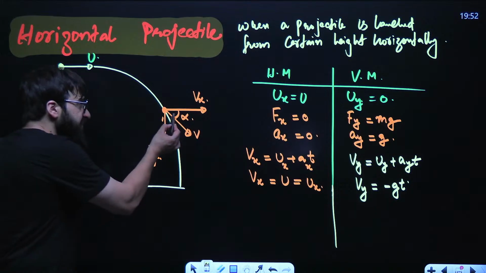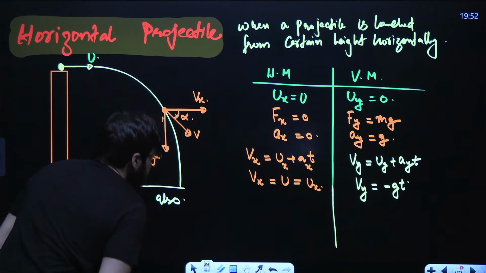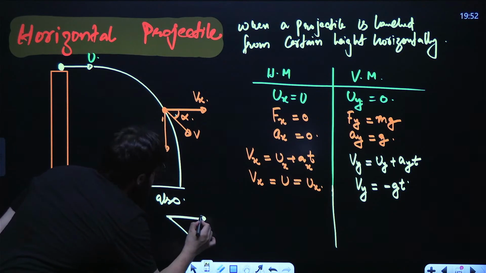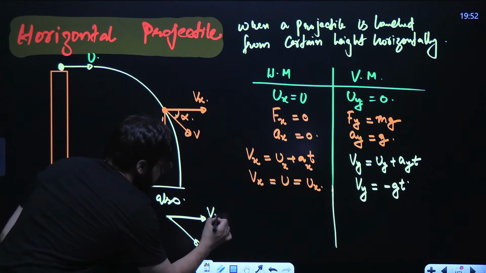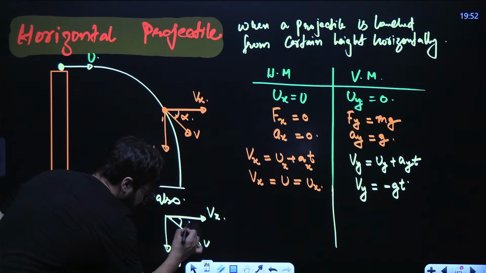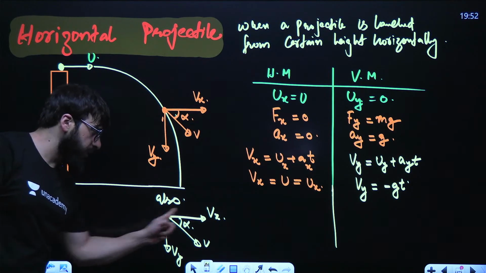Also, you can find the value of tan alpha. Guys, see, this is the velocity v, this is the horizontal component vx, this is the vertical component vy, and this is alpha. Don't you think we can write tan alpha is perpendicular by base?